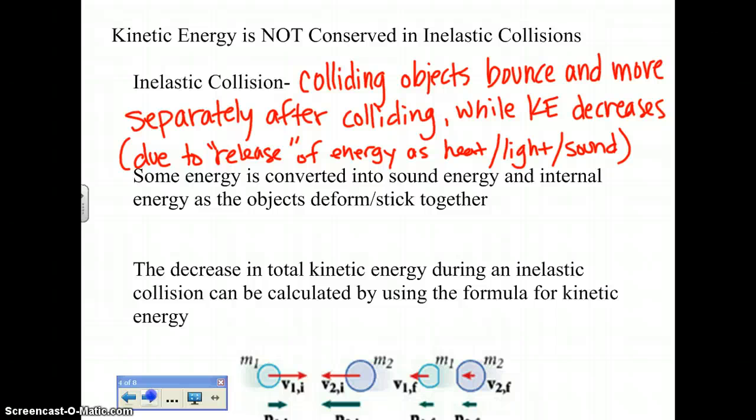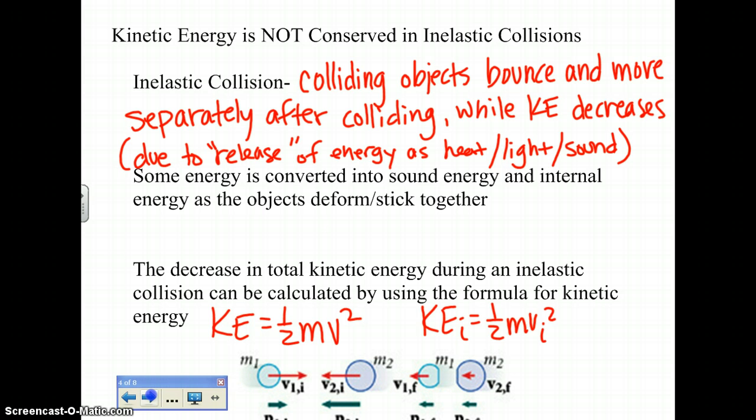So that equation should be KE equals, but you're going to be more specific and say KEI equals 1/2 mvi squared and KEF equals 1/2 mvf squared. Okay, so you're going to see a difference in these.